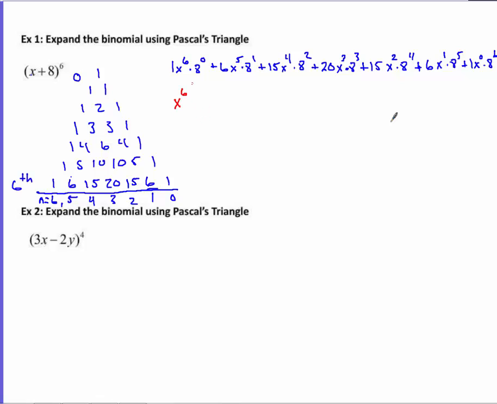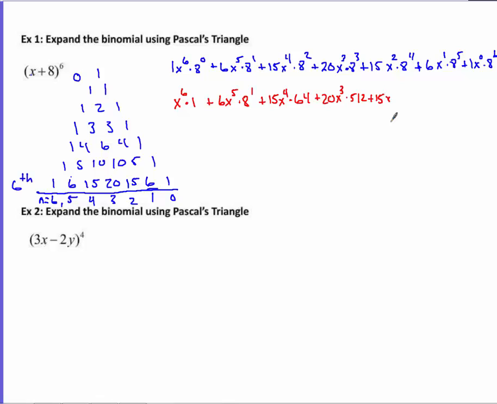And then 8^0 is times 1. 6x^5 times 8^1. Plus 15x^4 times 64. Plus 20x cubed and 8^3 is 512.